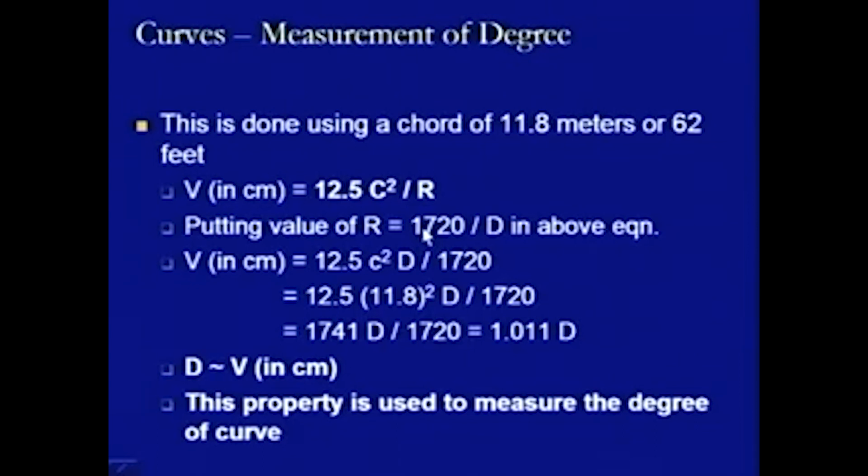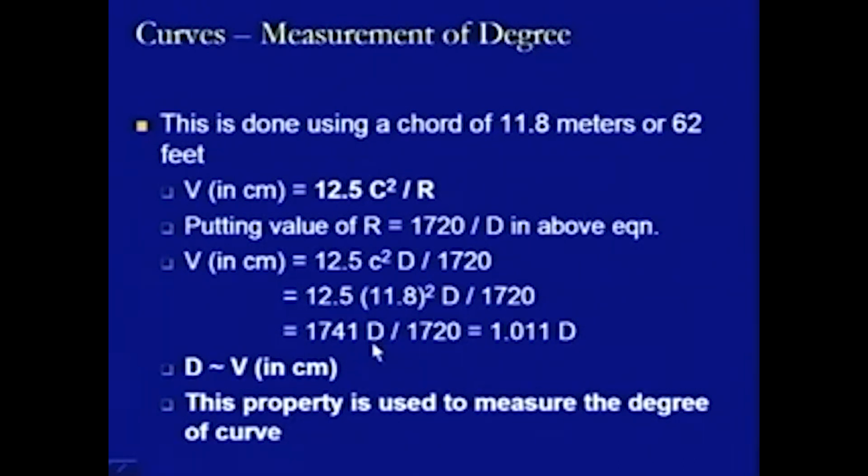In some cases we take 1750 or 1720, this is the minimum value, 1750 is another value which is being taken depending on in what units, up to what accuracy we are taking the values of chords, etc. So, if we take this value in the above equation and put it as a value of r, what we get is 12.5 C square D divided by 1720, and finally it transforms into a value of 1.011 D. So, V is very approximately equal to D.